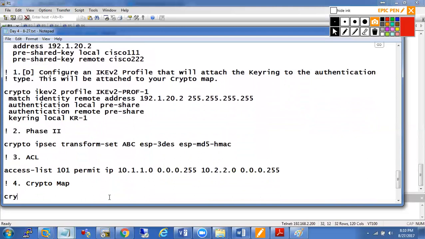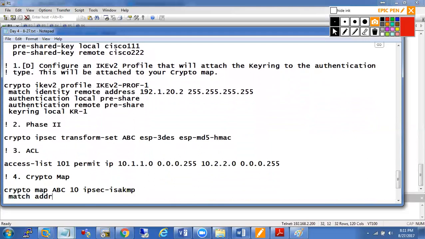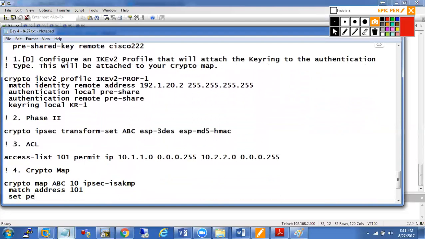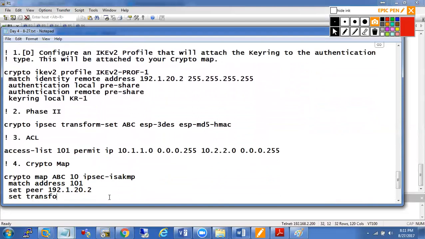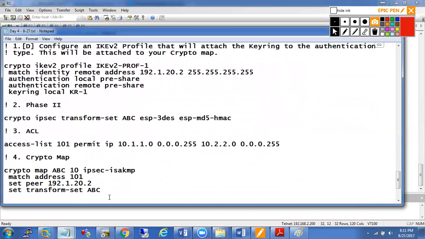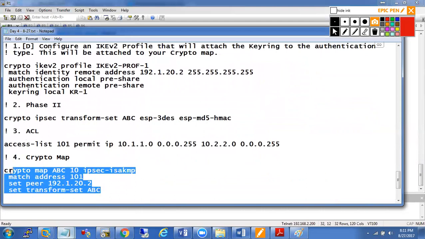So when I do the crypto map over here, I still say IPsec ISAKMP. I still say match address 101, set peer is 20.2, the transform set is, what did I call it, ABC. But now, looking at this so far, there's no indication that I'm doing IKEv2.